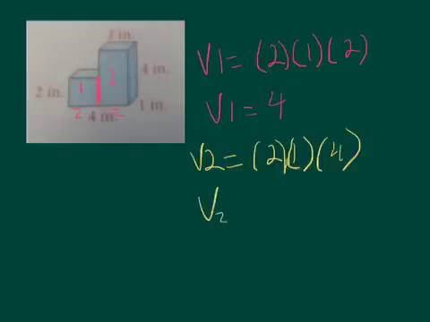So the volume of figure 2 is 8. So in order to find the volume of both things, you just add them together. So 8 plus 4 gives you a combined volume of 12 inches cubed, because volume is always in cubic meters or inches or centimeters or so on.